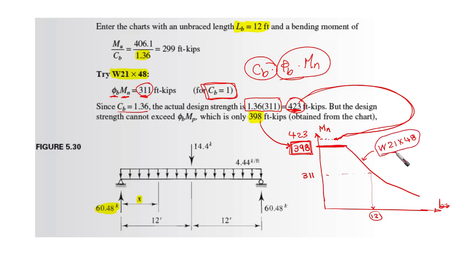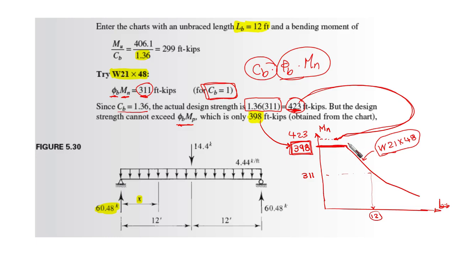If it's compact, then this horizontal line is the plastic moment. The design strength cannot exceed phi b times Mp, which is only 398. This is the limit, obtained from the chart.